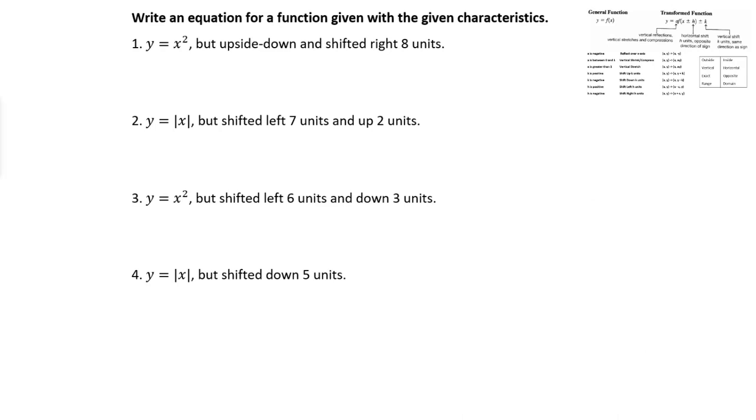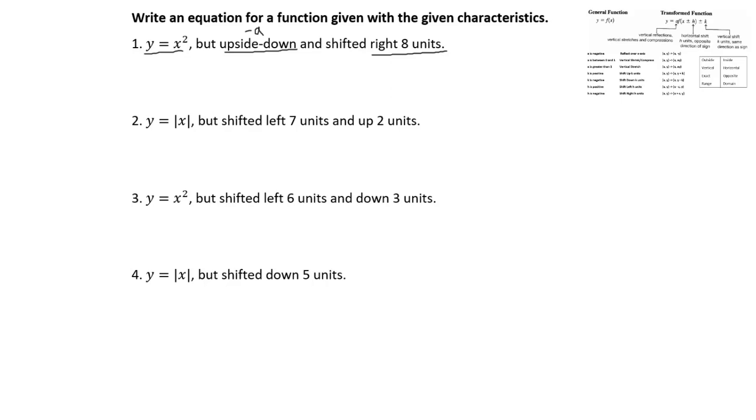All right, so now we're going to create the equation based on what's given. So knowing that it's y equals x squared, it's going to move upside down. So that's a negative a. And it's going to go right 8 units.